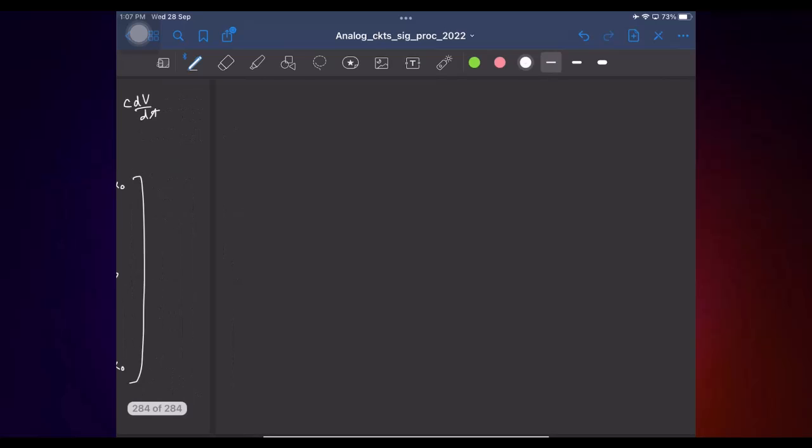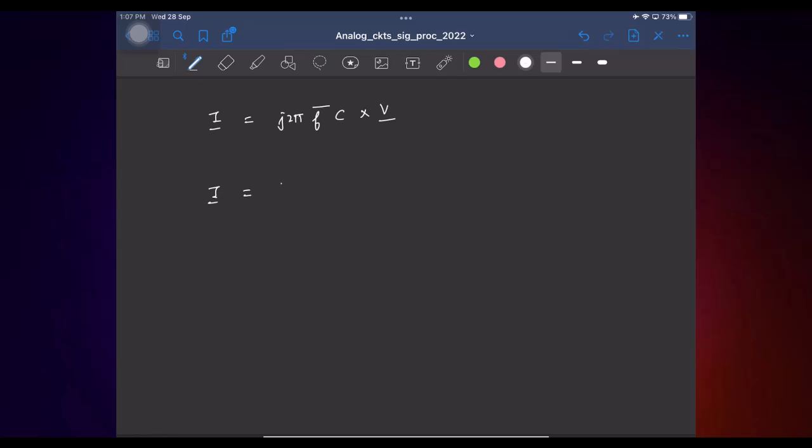So even for a capacitor, you can write it as J2 pi F, which is a diagonal matrix now, times C times V. And in general you can do this for any impedance, I to be Y times V, and similarly voltage is Z times I, so Y will be Z inverse.